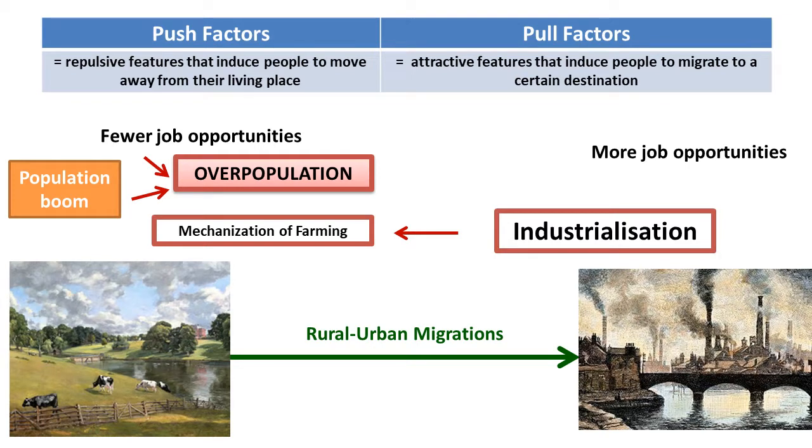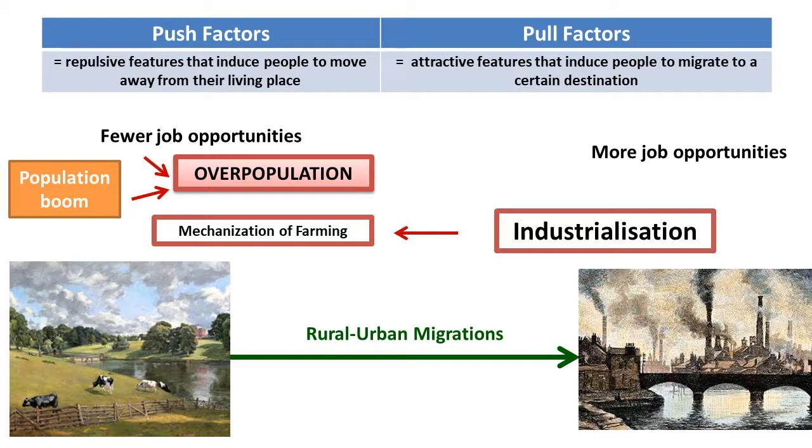In conclusion, what I have explained with the example of Britain here has been organized into a model which we call the push-pull model, which applies to the definition of two kinds of factors, two kinds of reasons that compelled many people to move from countryside to cities.